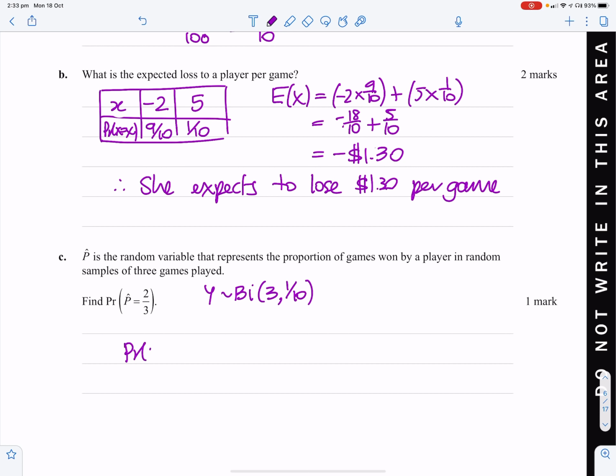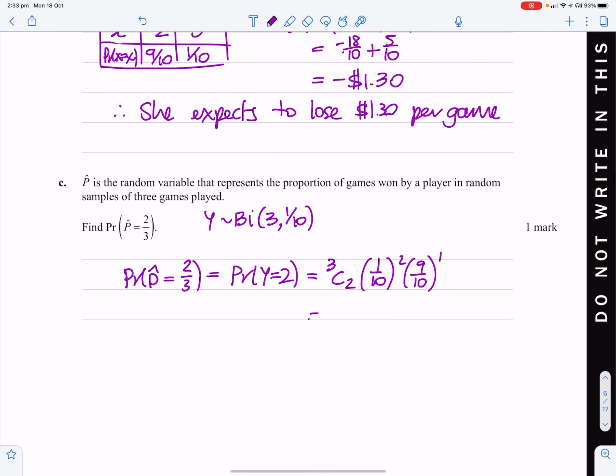We say the probability that P hat is equal to 2/3 is equal to the probability that Y is equal to 2, because she would win 2 out of the 3 games. We know that is 3 choose 2, 1/10 to the 2, 9/10 to the 1, 3 times 1 on 100 times 9 on 10, which is 27 over 1,000.